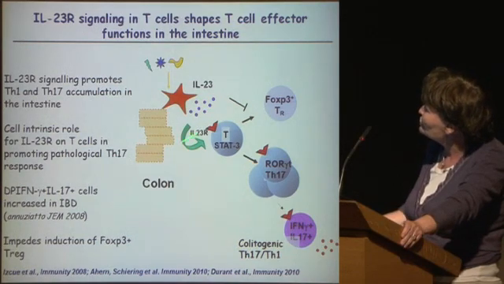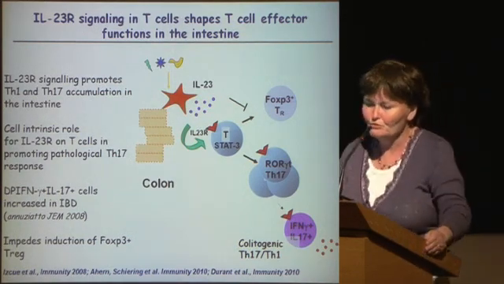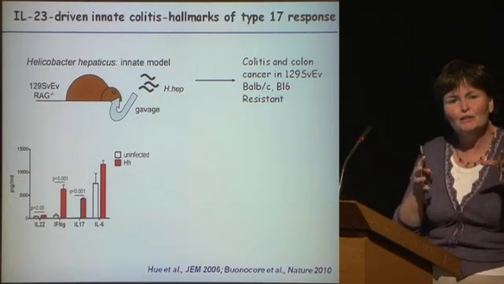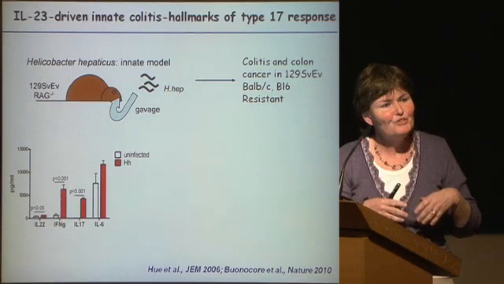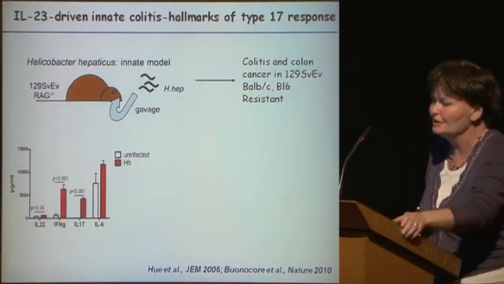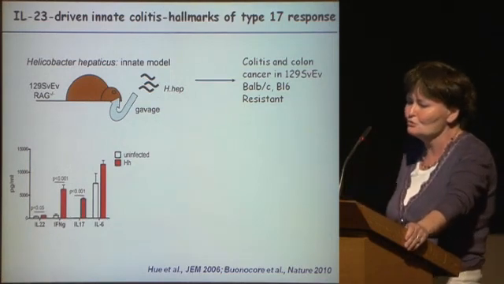And in addition, of course, there's a suppression of FOXP3 development. So this is talking about how IL-23 receptor signals into T cells and influences an immune pathogenic pathway in response to intestinal bacteria.